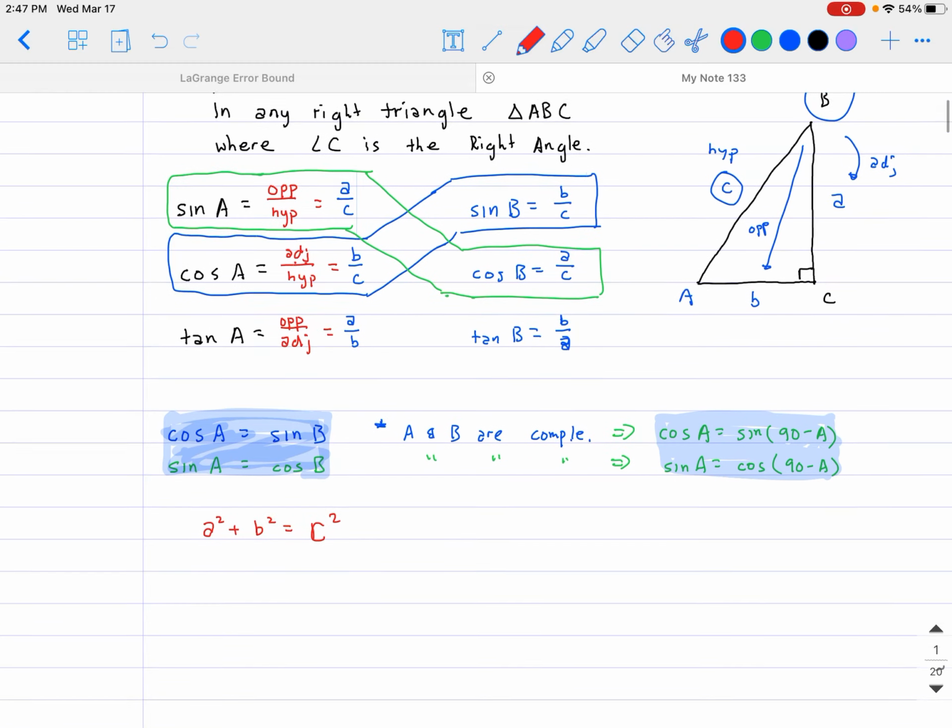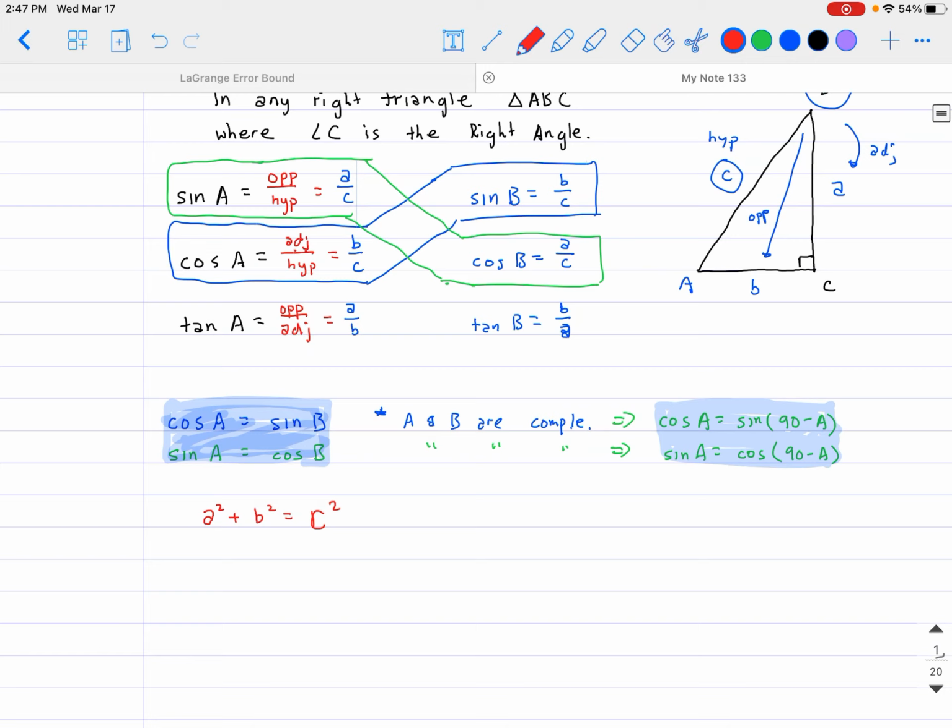Now, what I can do is take this Pythagorean theorem and divide everything by c squared. So that would then give me a over c, squared, plus b over c, squared, is equal to 1. And note, if you go to our ratios over here, a over c and b over c represent something.